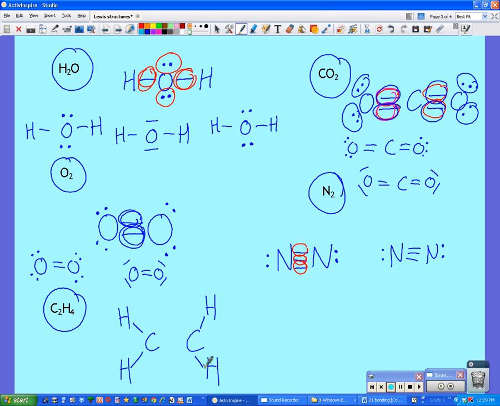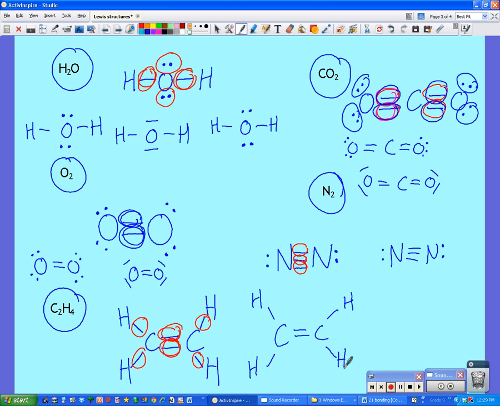That gives just 2 covalent bonds to each carbon, and the other 2 can be a double bond. So if we count up, carbon has got 2, 4, 6, 8 here, and 2, 4, 6, 8 here. So we've correctly deduced the Lewis electron dot structure for the organic compound ethene.